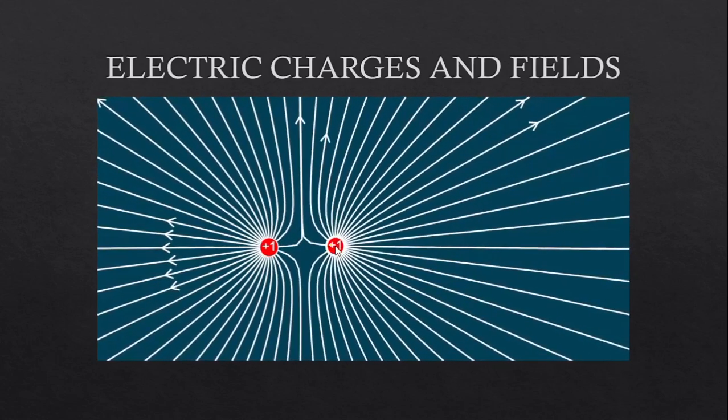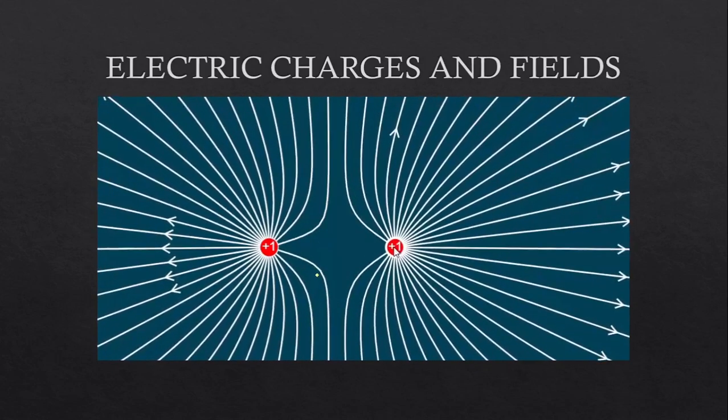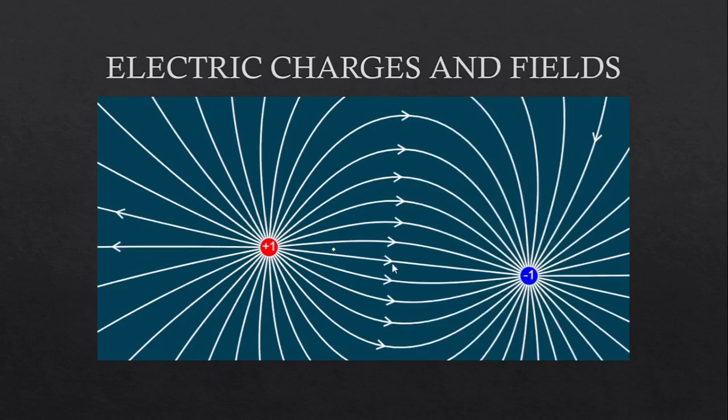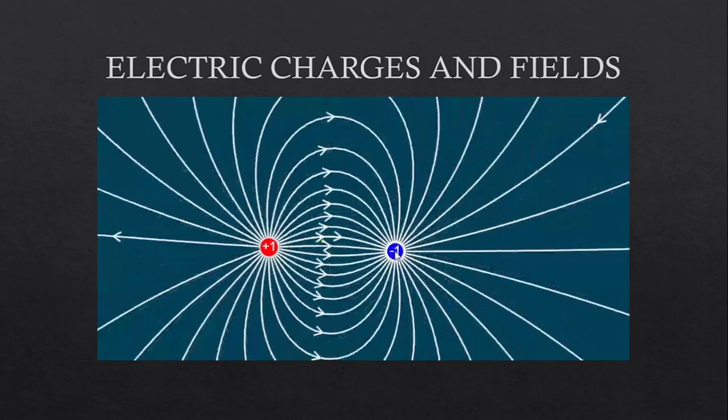But if I take a negative charge, the arrow will start from the positive charge, but the electric field line will go towards the negative charge. So we'll place the negative charge back. Here the arrow is going from positive charge to negative charge.